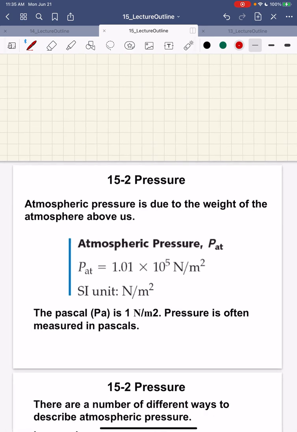Atmospheric pressure is due to the weight of the atmosphere above us, and the atmospheric pressure as a number is going to be 1.01 times 10 to the 5 Newton per square meter. Okay, this is one of the constants that we might need during problem solving. The unit, again, is Newton per meter square or Pascal.